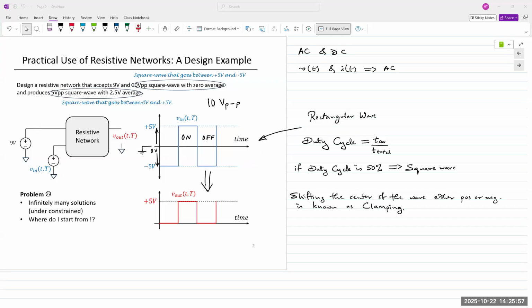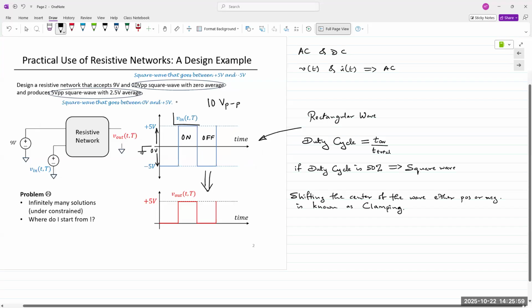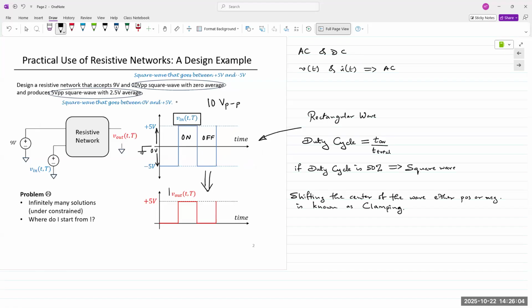This is our input voltage, V in, a function of time, so V in of t. This is the desired output voltage. Nothing else is given to us. The only thing given is the input voltage and the desired output. The only constraint is to use resistors, a resistive network. No mention of current, no mention of power. There is no other constraint in the design.